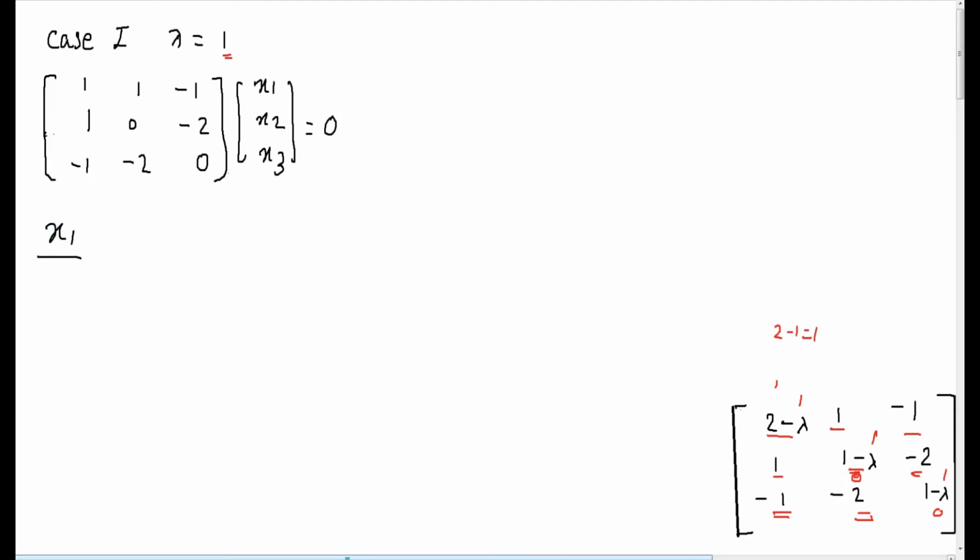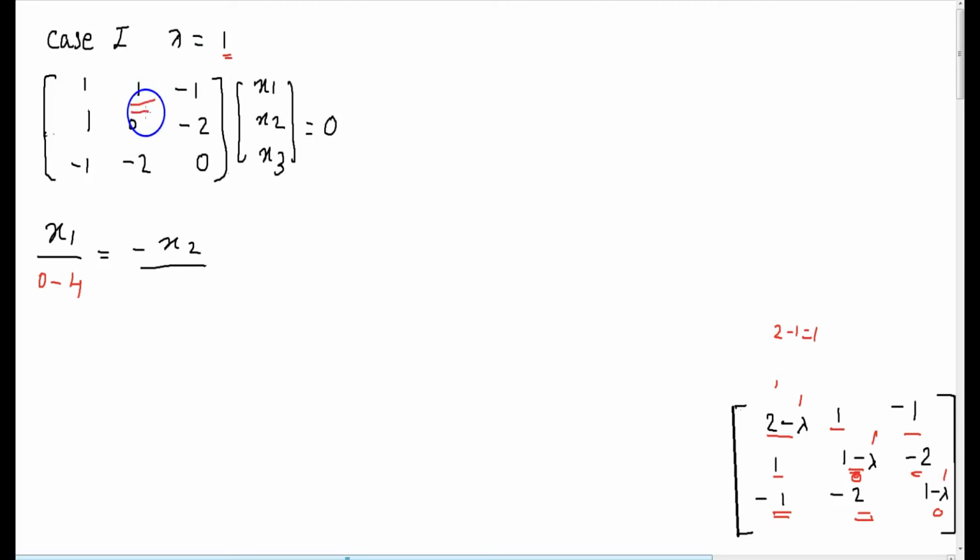For finding the value of x1, x2, x3, use the following method. x1 by minor of a11. Here minor of a11 is 0 minus 2 minus 2 0, and cross multiplying we get 0 minus 4 equal to minus x2 by minor of a12.